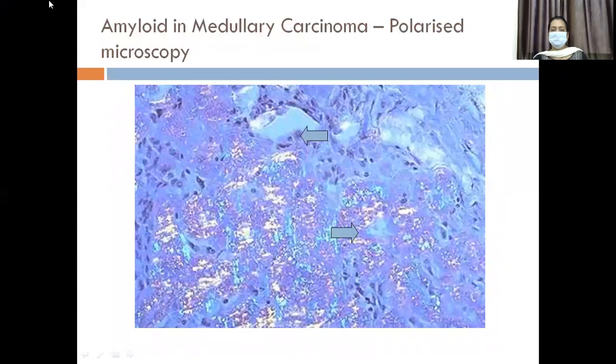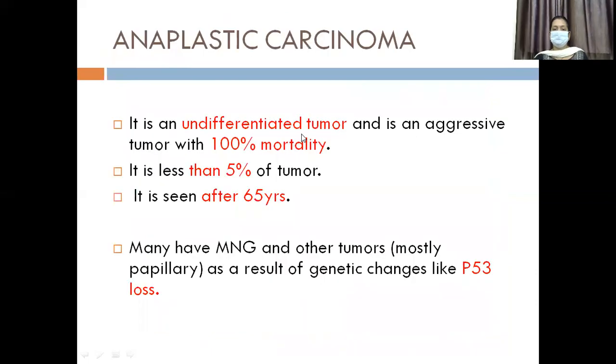And here you are seeing polarized microscopy, which helps us demonstrate the amyloid seen in medullary carcinoma. Amyloid is seen usually in the stroma. These are the cells, and this part is the amyloid.